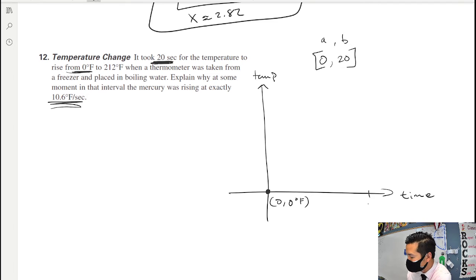At 20 seconds, what's the temperature now? 212. Oh wait, should we draw this graph? I would. So at 20 seconds, it's 212 degrees Fahrenheit. So I have time and I have temperature. I'm going to take a second here to let you think this through.